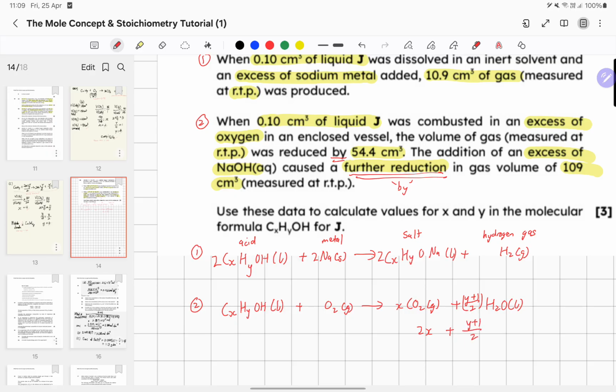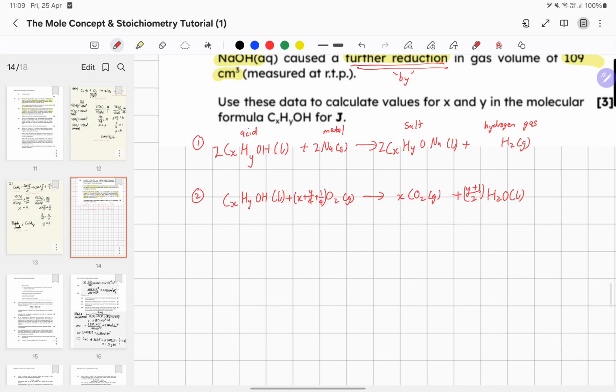Then you divide this whole thing by 2, and you get x plus y over 4 plus 1/4. Let's check. Yeah, alright, so this is correct: x plus y over 4 plus 1/4.